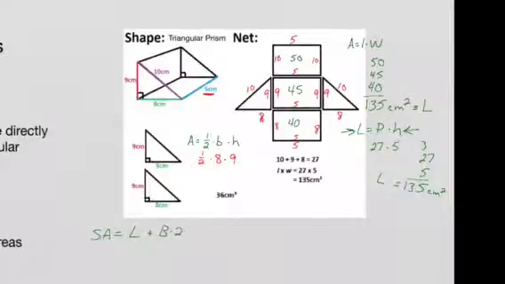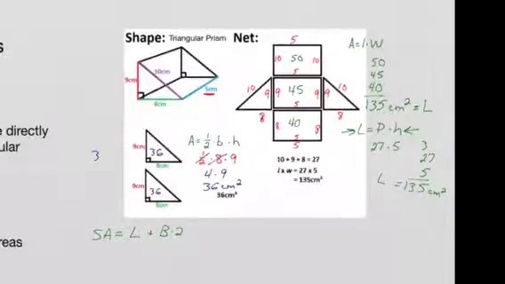So I know that 1/2 of 8 is 4, and now I have 4 times 9, which is 36. So 36 centimeters squared. Now remember, that's for each triangle, each base. So 36 plus 36, or 36 times 2, is 72.